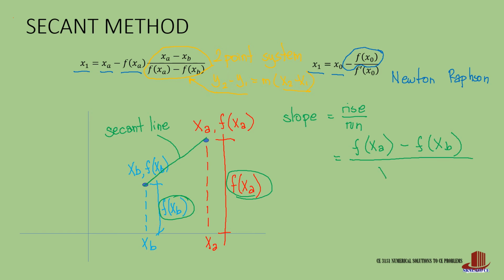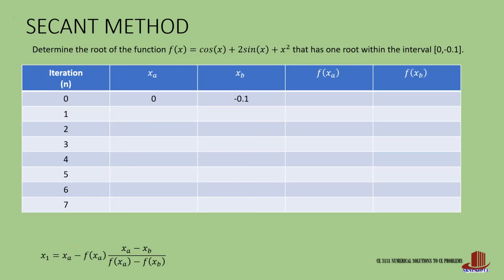The run would turn out as x sub a minus x sub b. And this formula is placed as the slope into the denominator, whereby we arrive at our formula for the secant method.